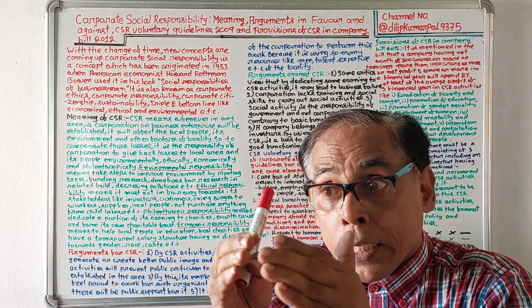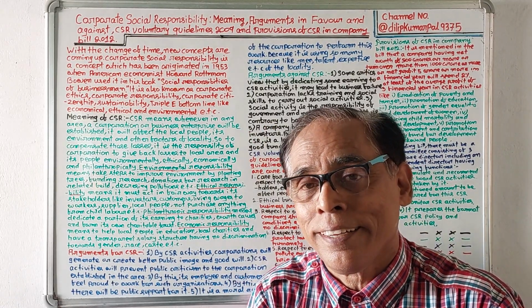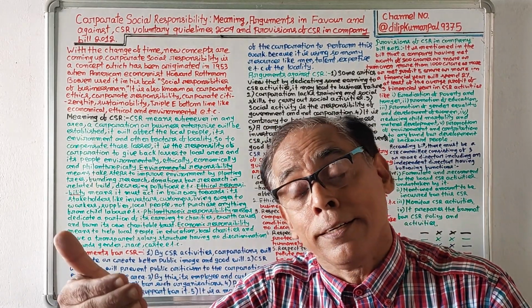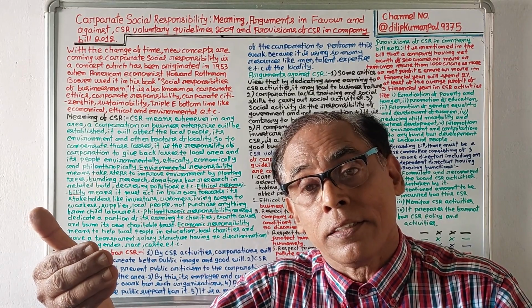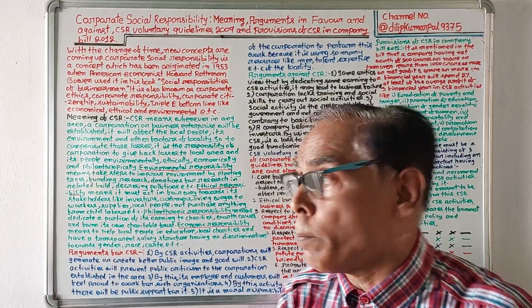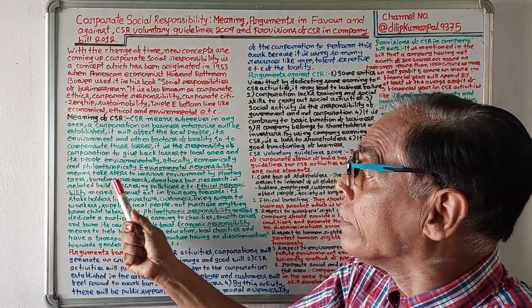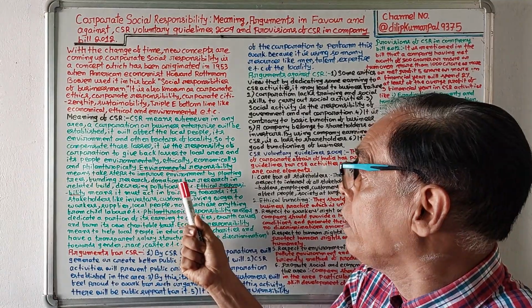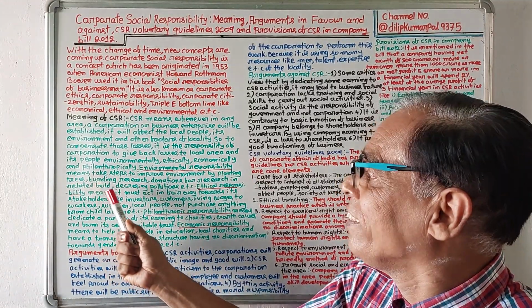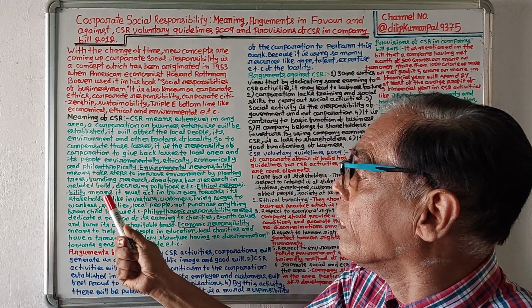The corporation has four responsibilities to compensate the local people. Number 1, environmental responsibility means taking steps to improve the environment by planting trees, funding research, and donations for research in a related field.